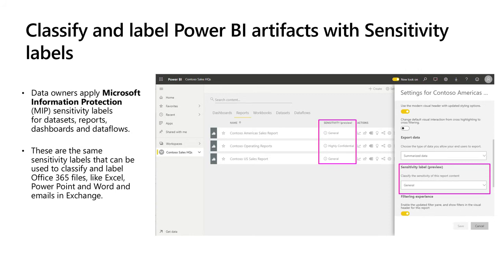On Saturday, every Power BI tenant can label reports, datasets, dashboards, and dataflows. You can apply labels on these artifacts. And what's important to understand is it's the same labels you have in Office. It means it's the same labels you manage in the Office Security and Compliance Center, the same labels that your organization already leverages for files. Same labels are going to Power BI.